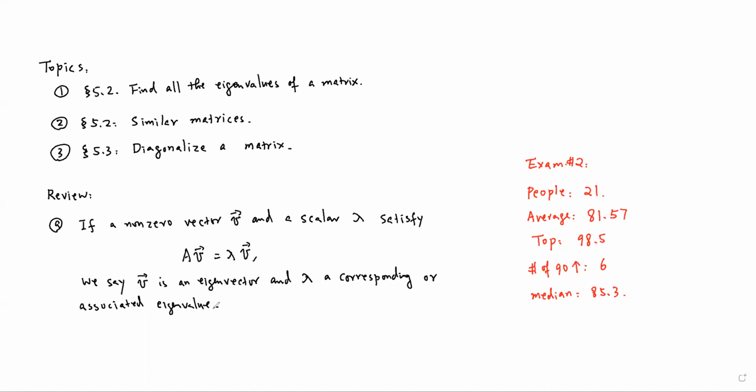To check whether or not a vector and a scalar are an eigenvector and eigenvalue, check this equation. Whenever this equation is true, then the non-zero vector is an eigenvector and lambda an eigenvalue. So this is the definition of eigenvalues and eigenvectors.